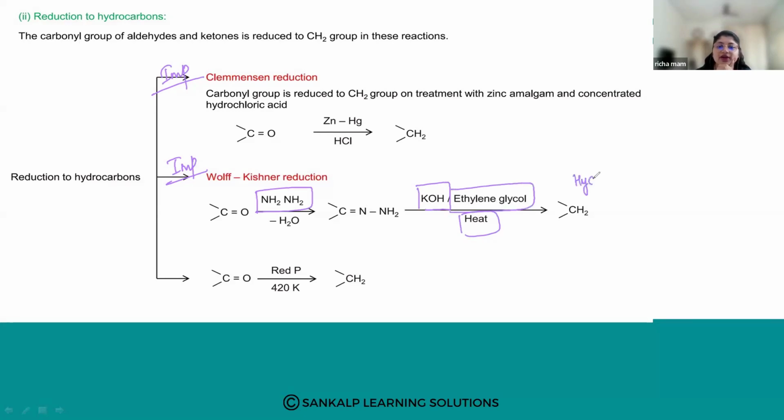Again, we are going to get hydrocarbons. So aldehydes or ketones are treated with hydrazine, and this is further heated with potassium hydroxide in a solvent like ethylene glycol to yield hydrocarbons.